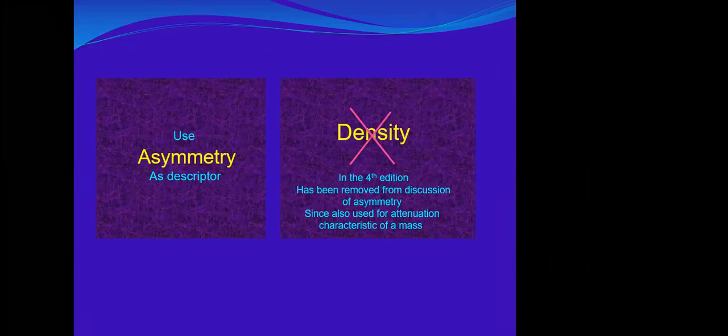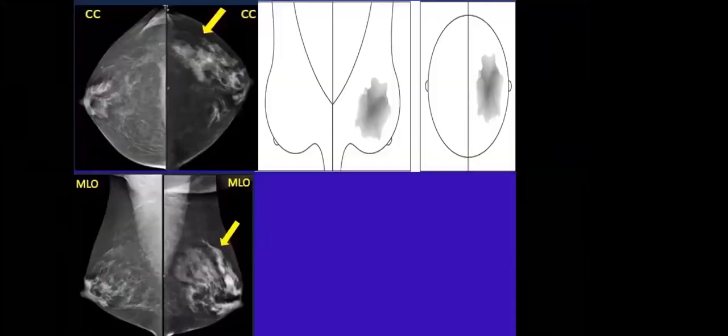No more use of density, to avoid confusion with the descriptor density used as reflecting the X-ray attenuation characteristic of a mass.